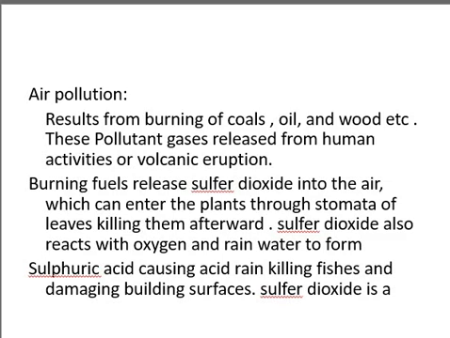Burning fuels release sulfur dioxide into the air, which can enter plants through the stomata of the leaf, killing them afterwards. Sulfur dioxide also reacts with oxygen and rainwater to form sulfuric acid, causing acid rain, killing fishes and damaging building surfaces, etc.